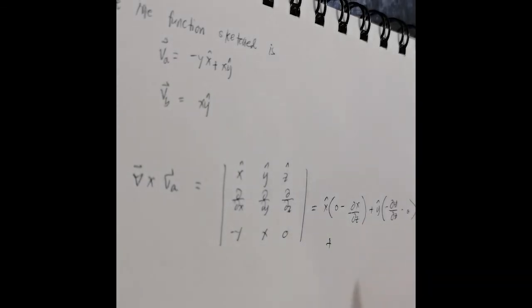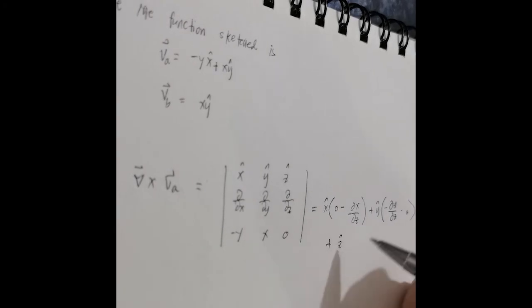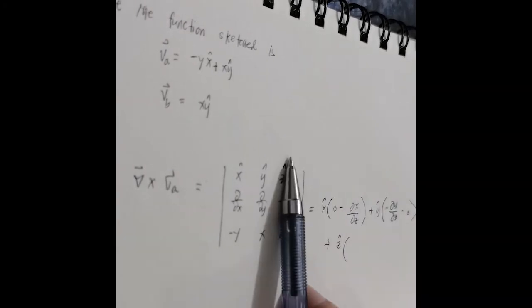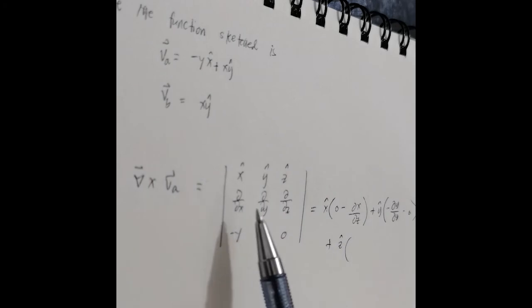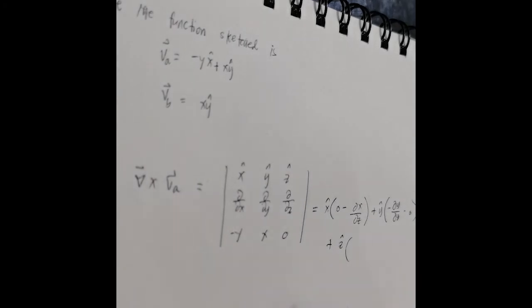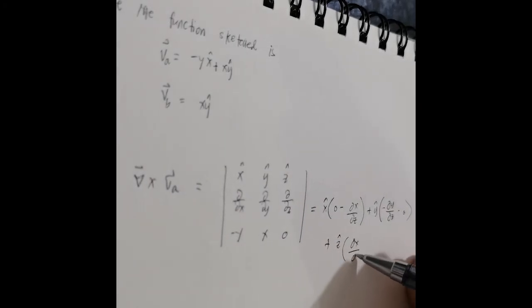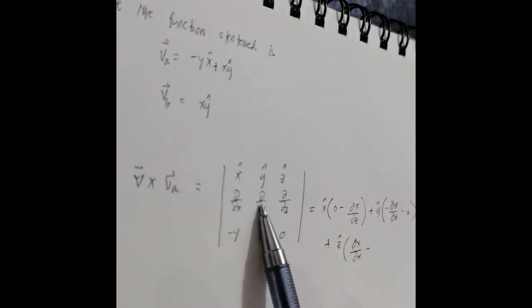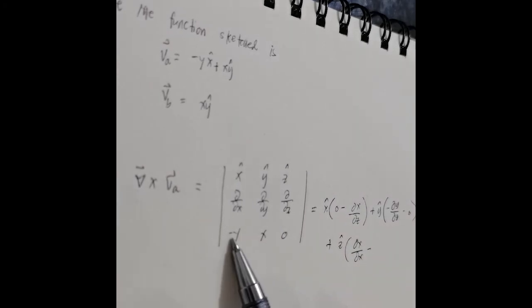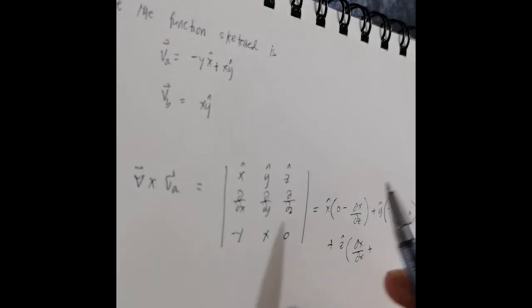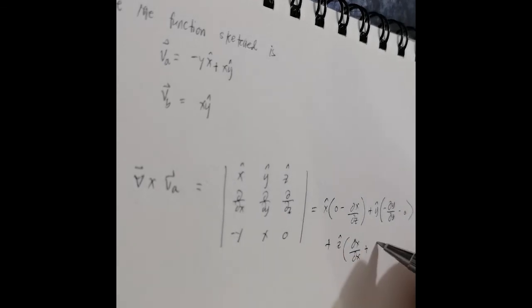Plus the z hat. So we cover it. We have partial x, minus, so this becomes plus, partial y.